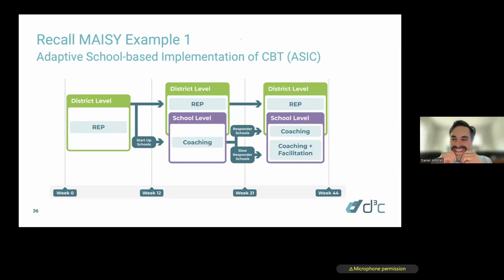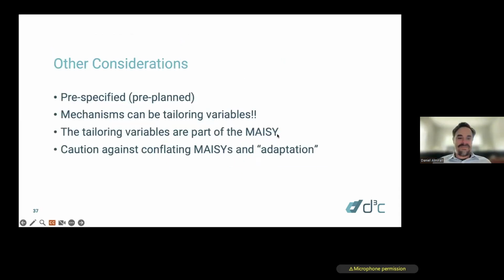Remember that? The newsletter, keeping them in the game, that whole thing, and sending them like a little questionnaire as part of the newsletter, like, hey, how's it going? How much CBT have you delivered? That's how we found out whether they're startup schools or slow responding schools. That's part of the strategy. That's not research. So that's my third bullet.